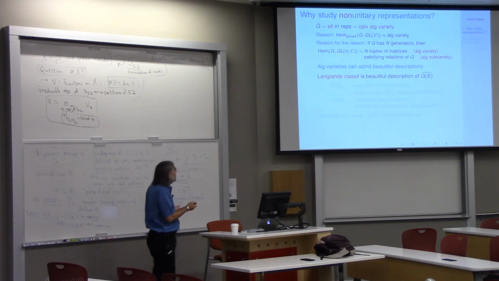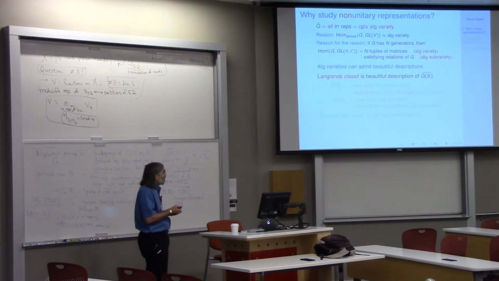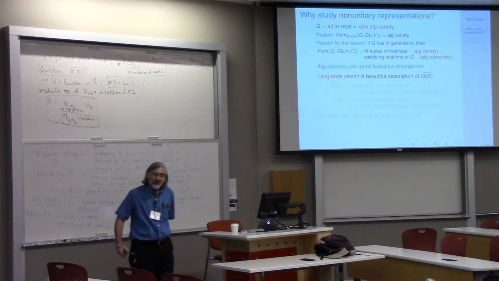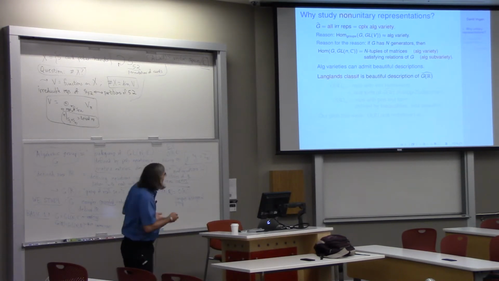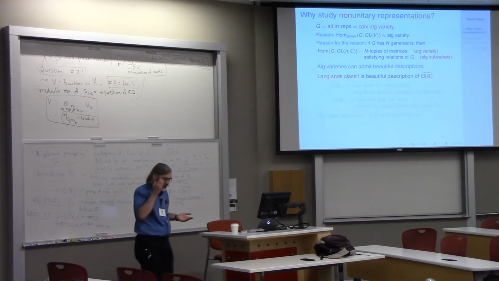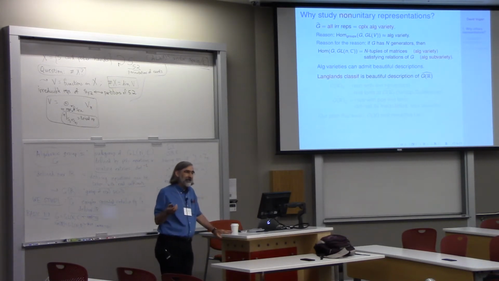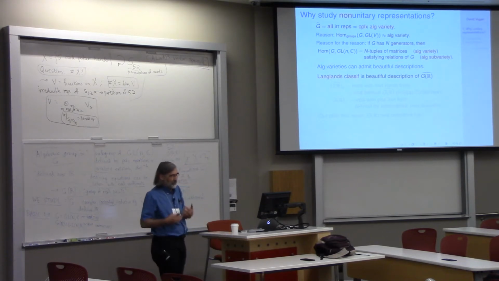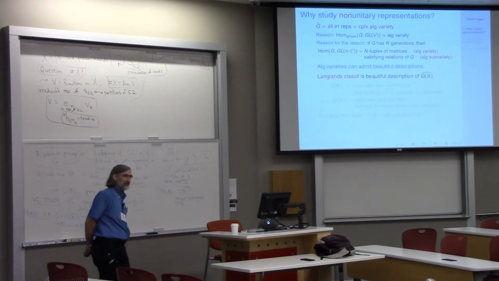We're going to define irreducible representations and see how to parameterize them, and we'll see that we're getting a complex algebraic variety. I don't really know a priori how to prove that before you're done with the classification.